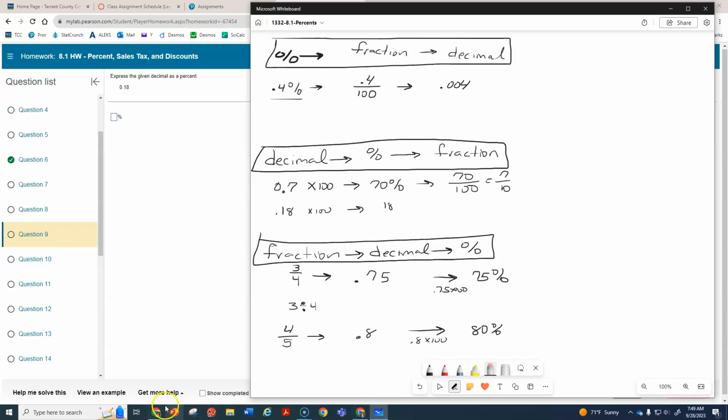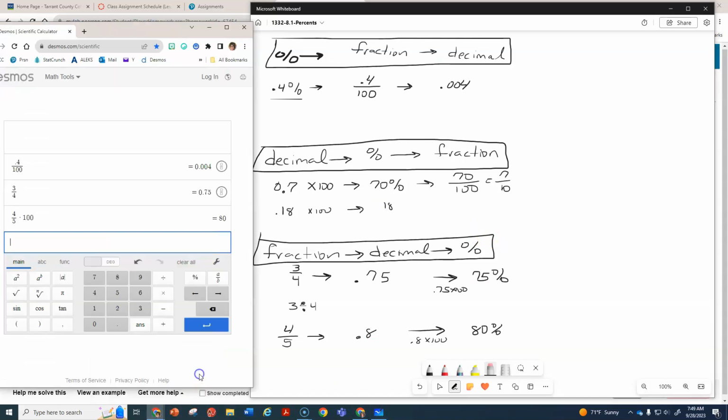Or, of course, you can pull up the calculator and do 0.18 times 100. You're going to get 18.